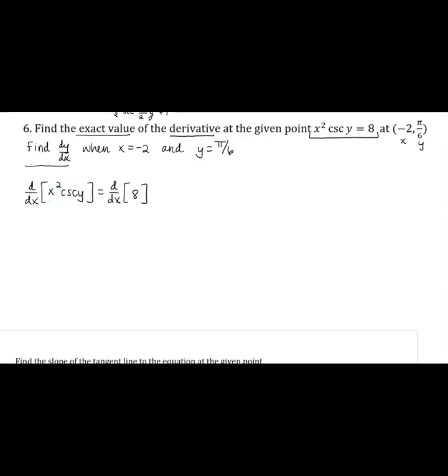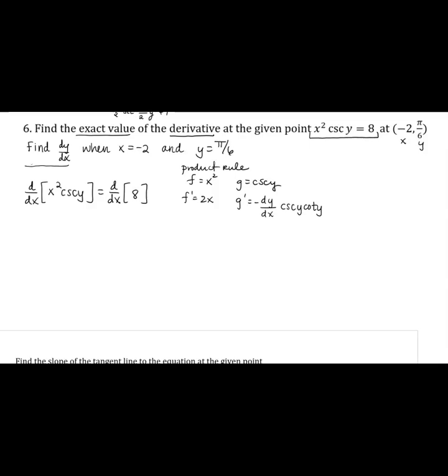And so we are going to have to use the product rule in order to take that derivative, where f will be x squared and g will be cosecant y. Taking f prime, we get 2x, and taking g prime, we get negative dy dx, cosecant y, cotangent y.